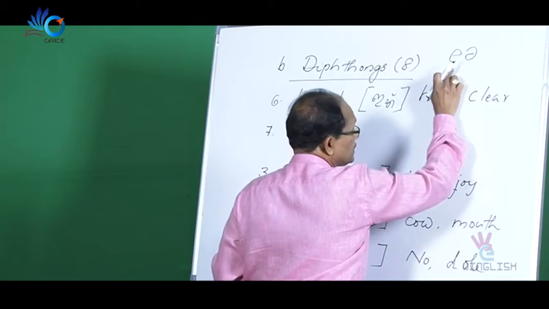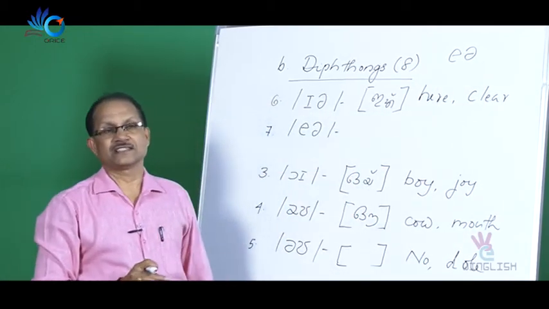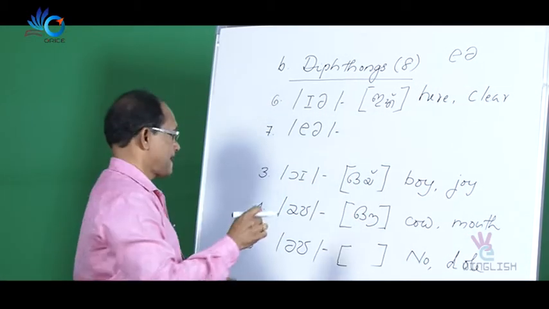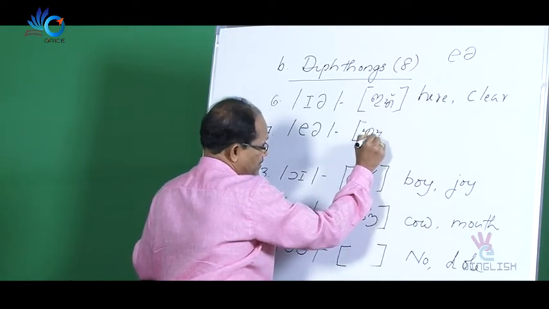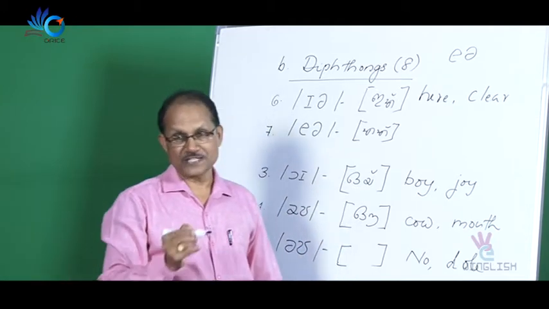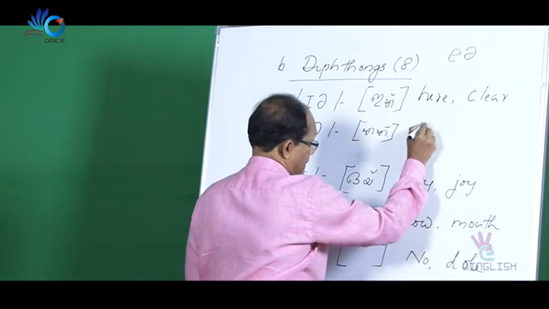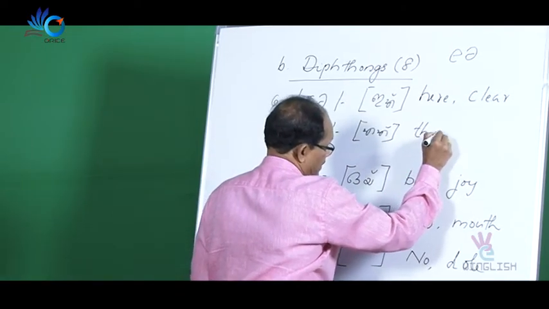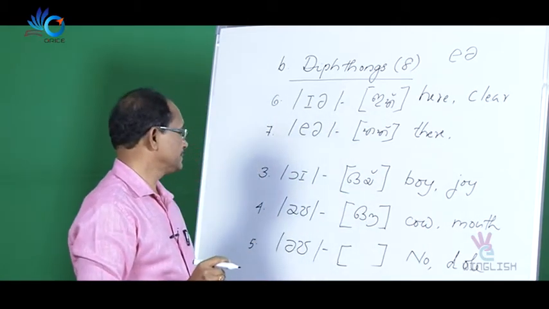Small letter E and the inverted E, and the sound is air. We can somewhat represent like this, as in one or two words, there, T-H-E-R-E or T-H-E-I-R, there.